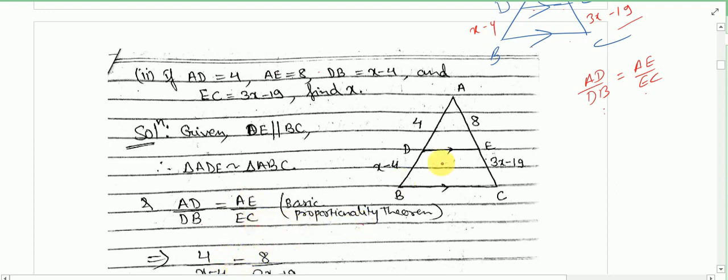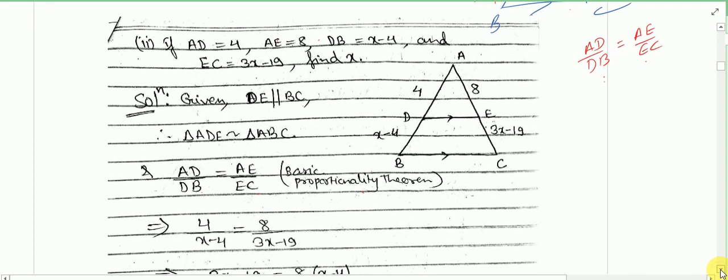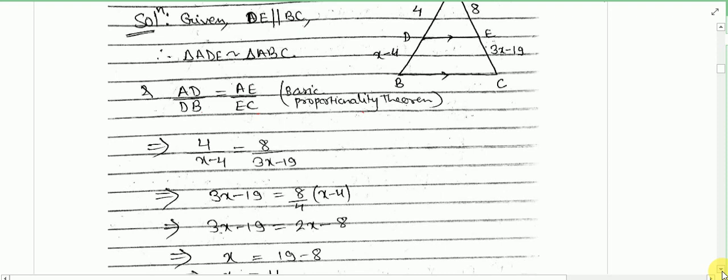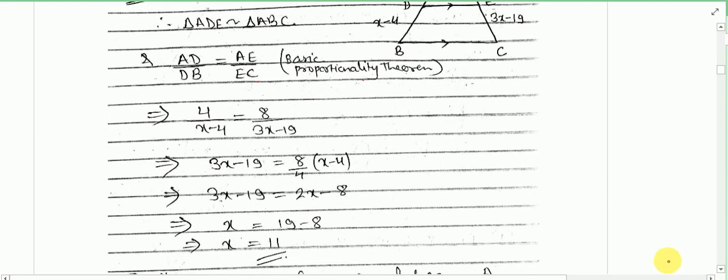Thereafter you know the value for each, so you just substitute and simplify, and you will get the answer x equal to 11. Clear? So you can pause the video and you can copy it.